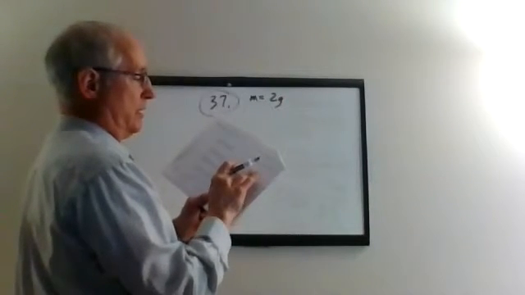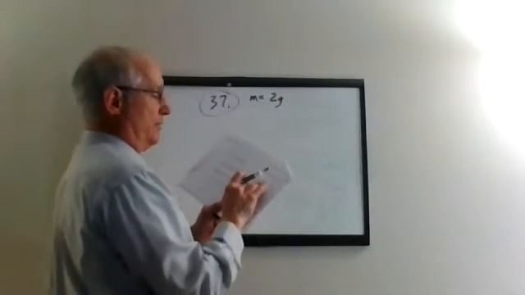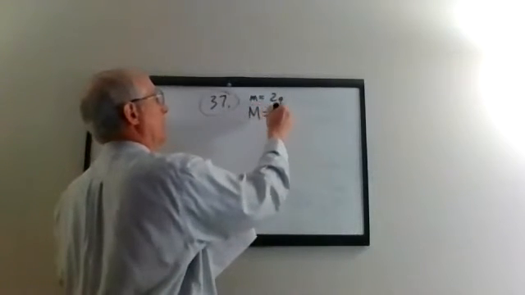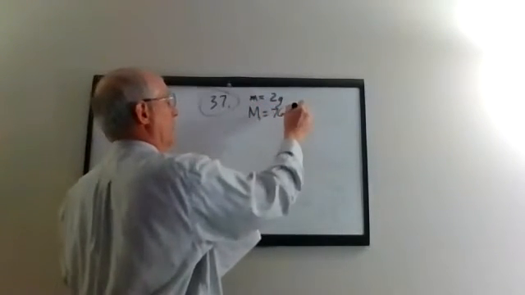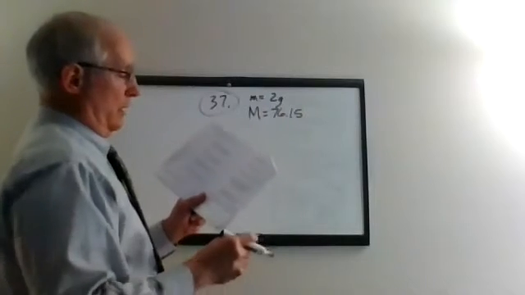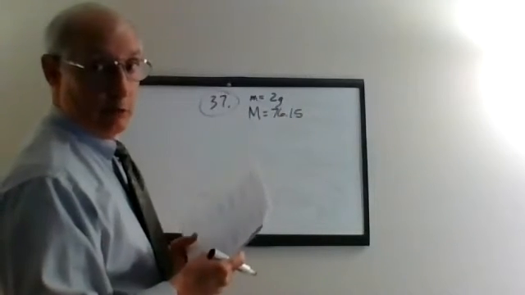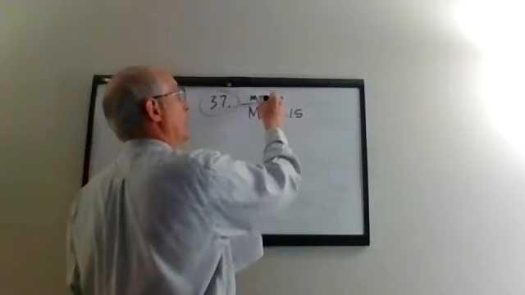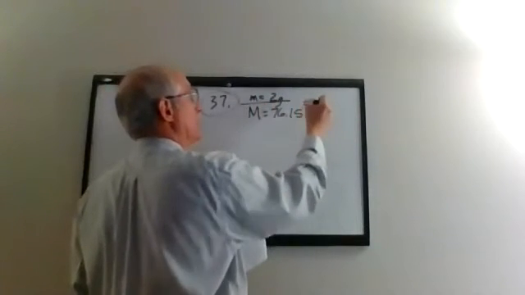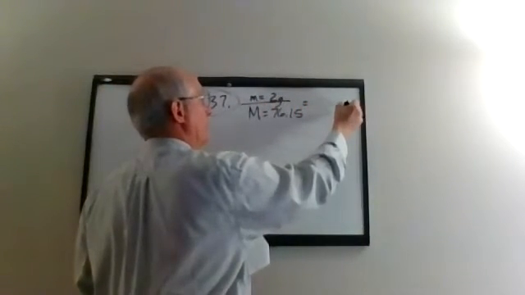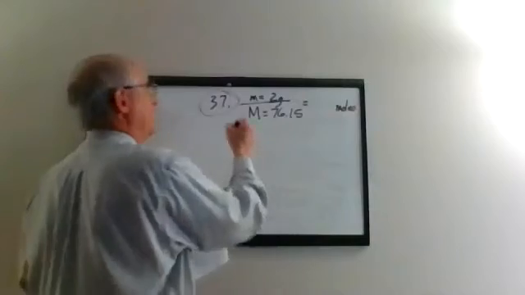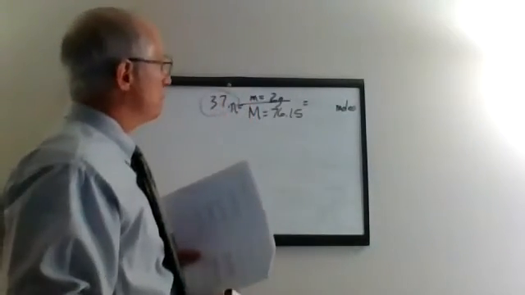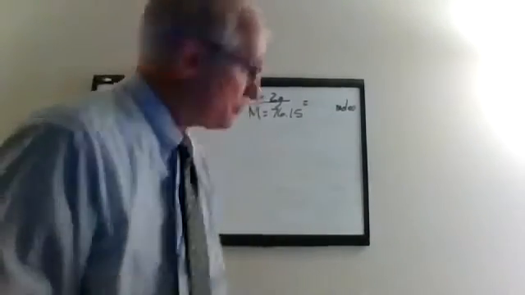We've got molar mass of 76.15. And do you know what mass divided by molar mass gives you, right? It gives you the number of moles. And that's the letter n. So 2 divided by 76.15.